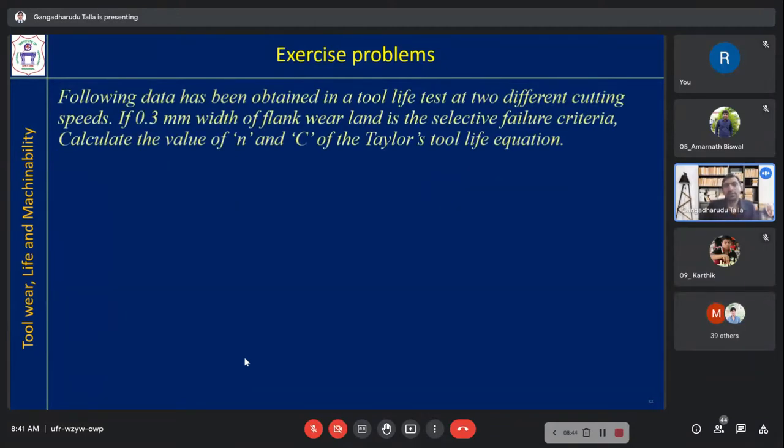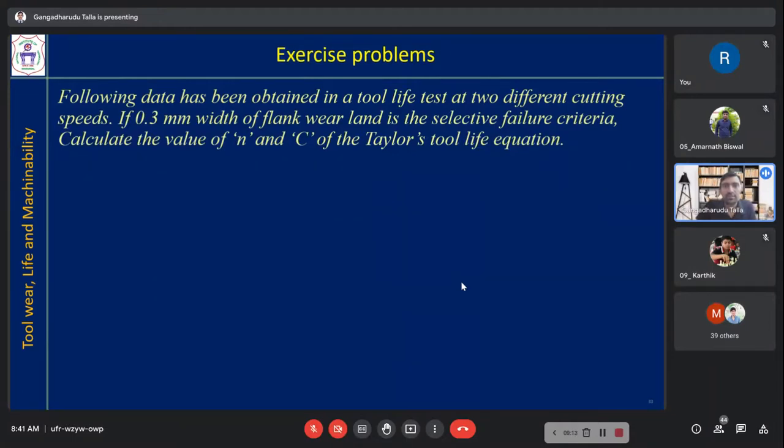Now look at this problem. Following data has been obtained in a tool life test at 2 different cutting speeds. If 0.3 mm width of flank wear land is the selected failure criteria, calculate the value of N and C of Taylor's tool life equation.